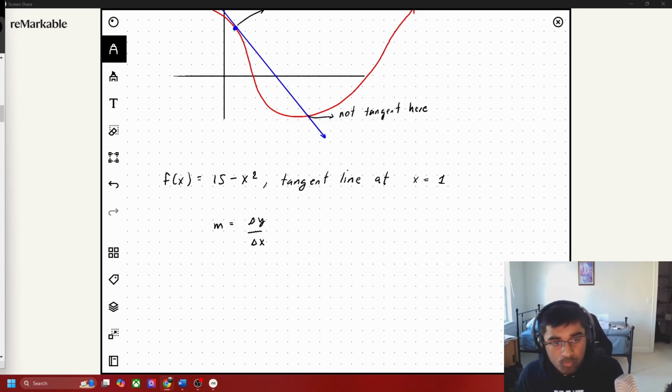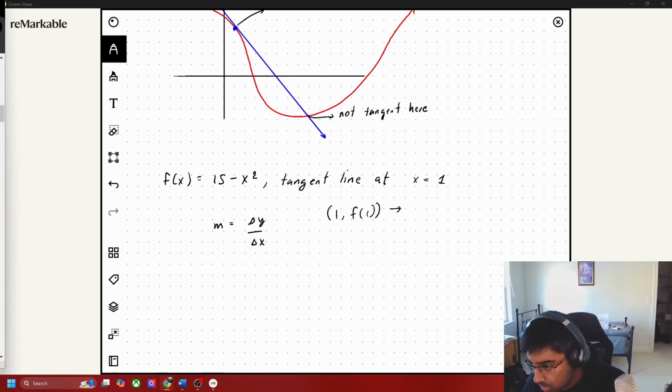You might be wondering how you can get this from just x equals 1. First, let's start with what we know. We know what f of 1 is. So your point is 1, f of 1.